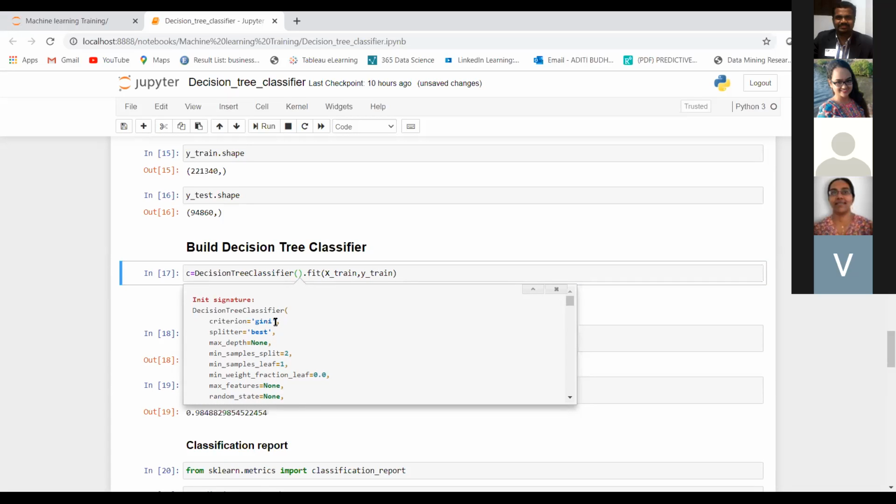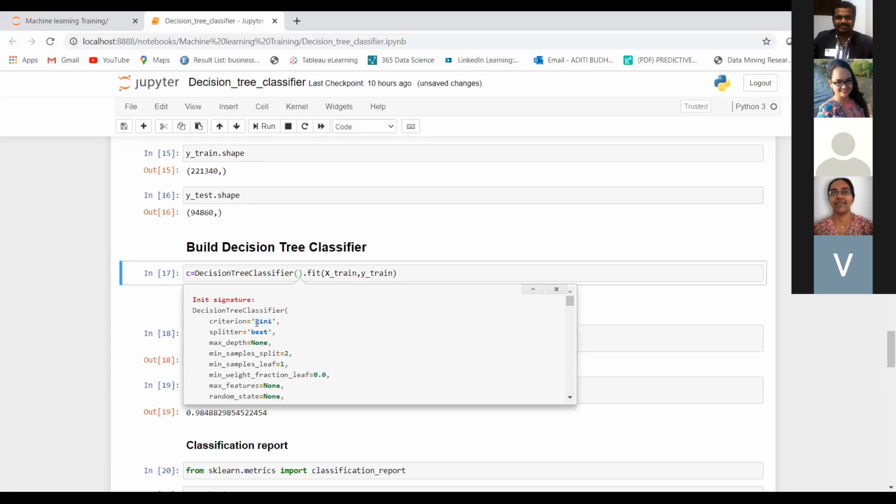Now here we had seen both Gini and the other one, that is information gain or entropy. We had seen these two concepts of splitting, right? These are nothing but the criterion. So here you can specify which criterion you want your model to be built accordingly. By default, the criterion that is used is Gini.